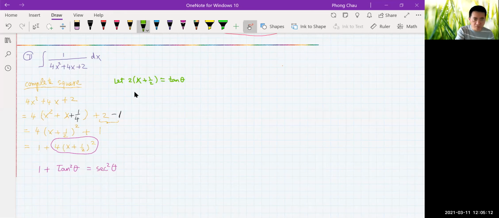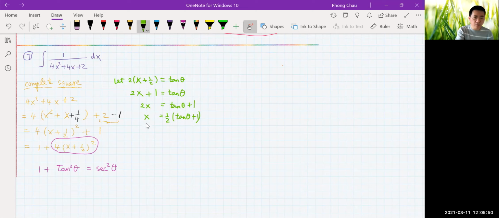So you're going to have 2x there, and then plus that 1 equals tangent of theta. Subtract 1, we get 2x equals tangent theta minus 1, divided by 2, so x turned out to be half of tangent theta minus 1.